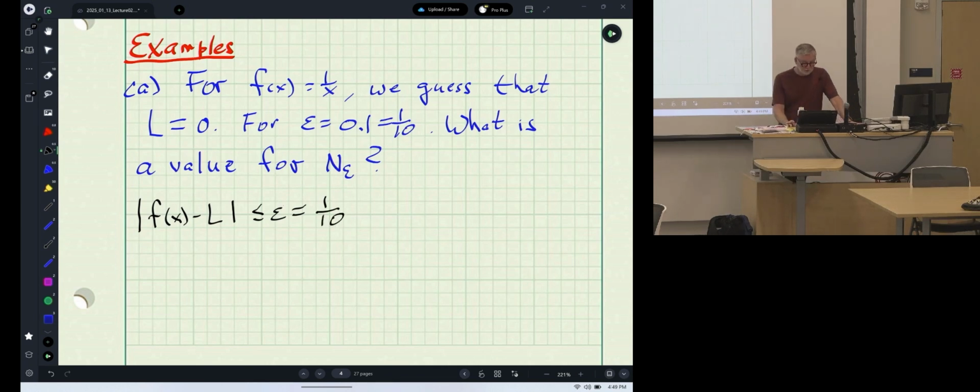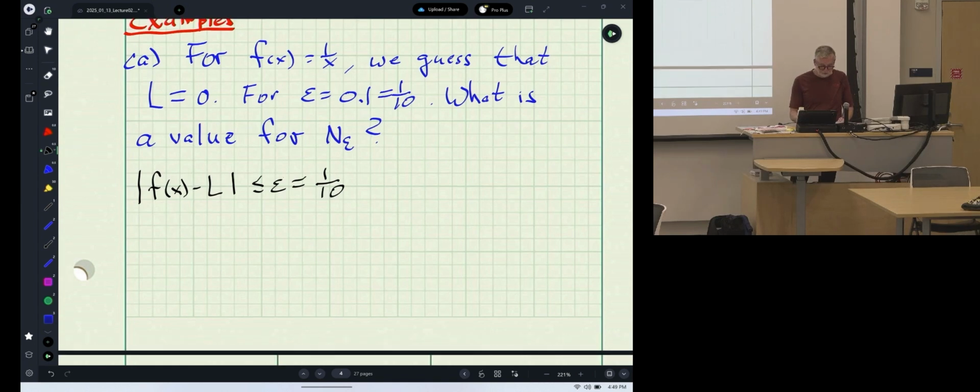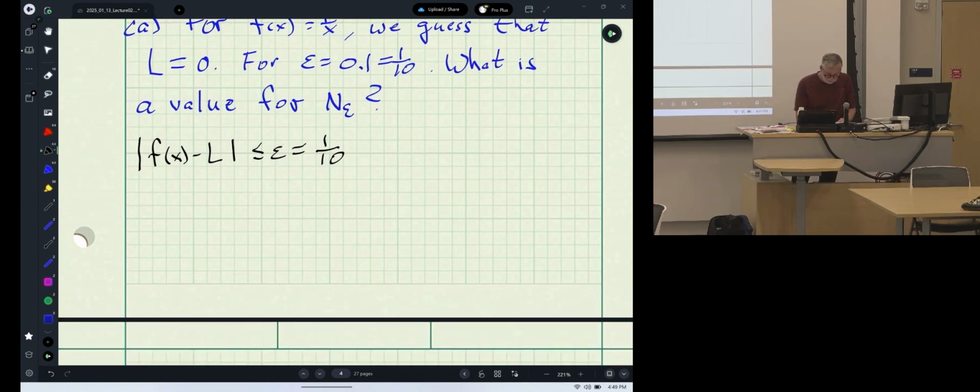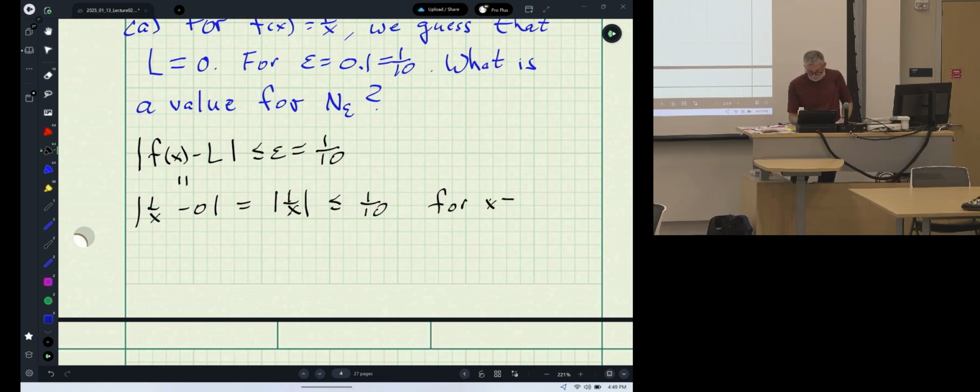Okay, so that's the definition. And for us, this is equal to 1 over x minus 0, and that equals the absolute value of 1 over x. We want that to be less than or equal to 1/10 for x greater than or equal to n sub 1/10.